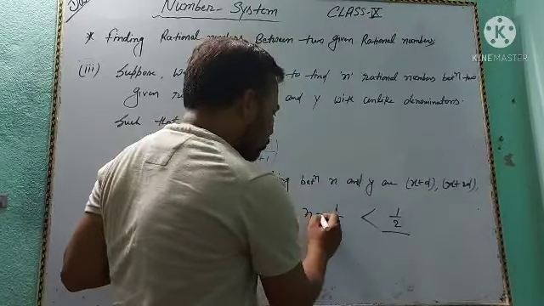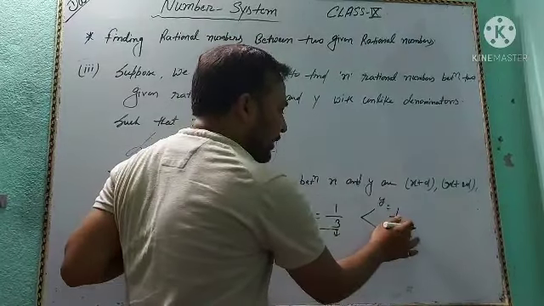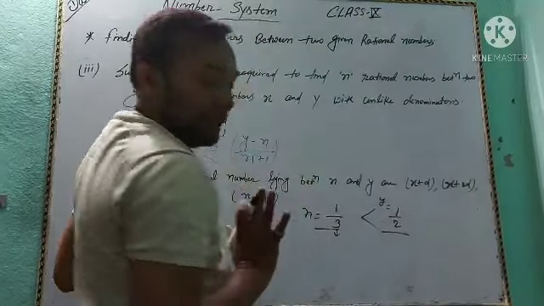Here x is equal to 1 by 3 and y is equal to 1 by 2. Then x is less than y.